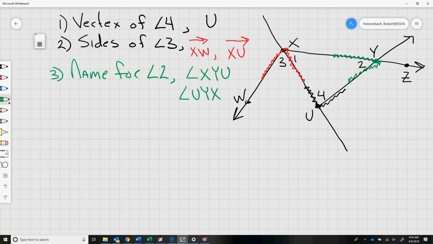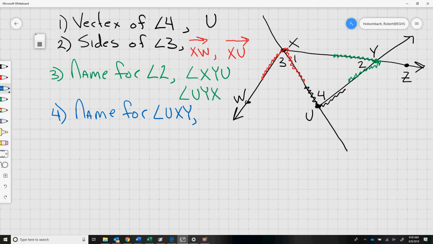And let's take a look at number 4 here. Another name for angle UXY. And where is it? U to X to Y. Now it's this blue one, isn't it?